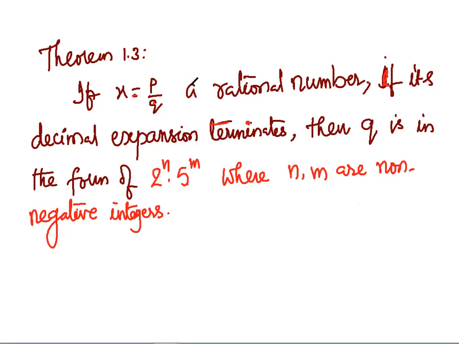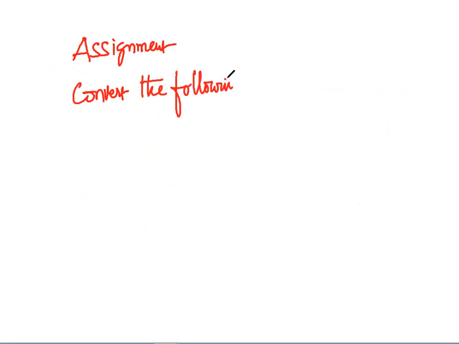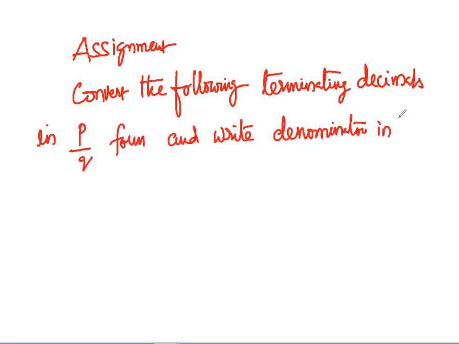Convert the following terminating decimals into p by q form and write the denominator in the form of 2 power n into 5 power m.